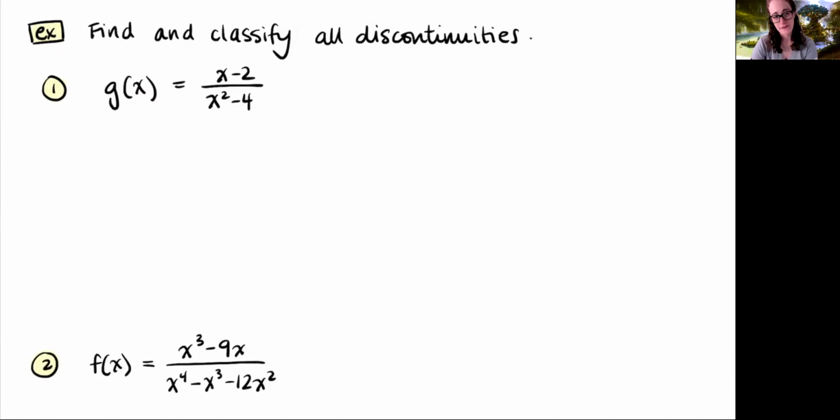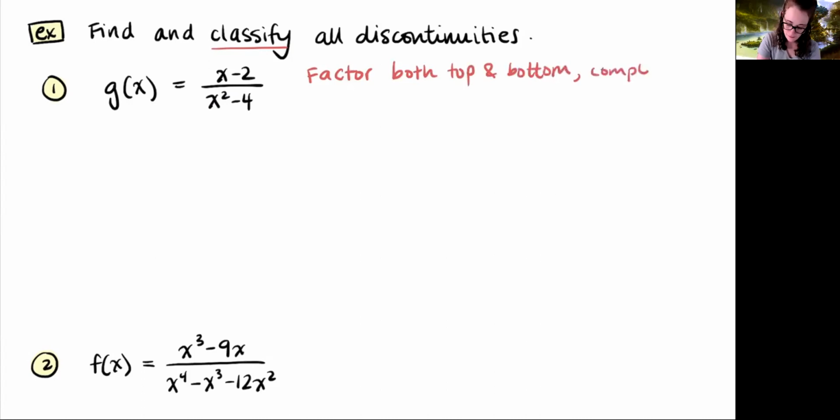But we need to determine if the top is 0 or not at that same x value. So when we're finding discontinuities and classifying them, we want to factor both the top and the bottom, or the numerator and the denominator, completely.